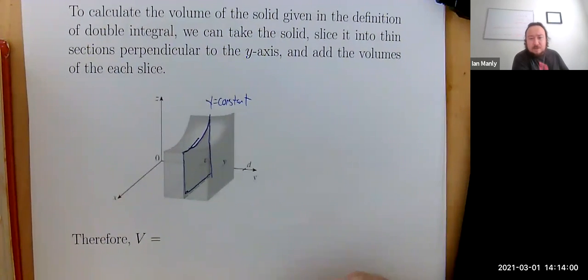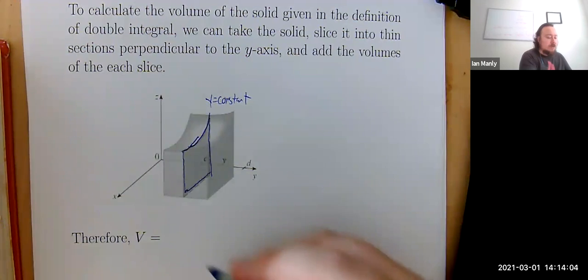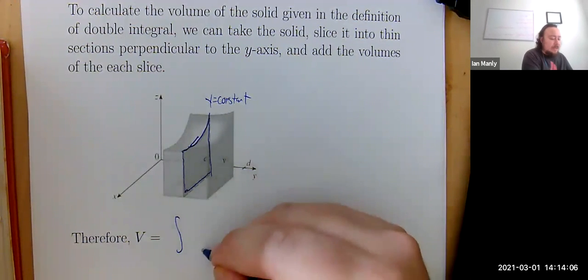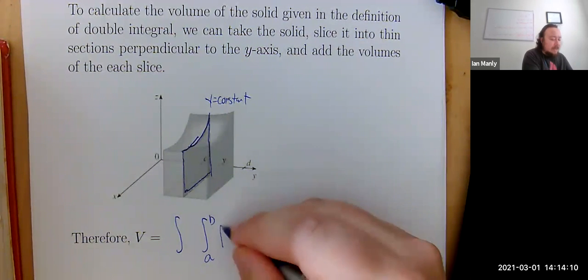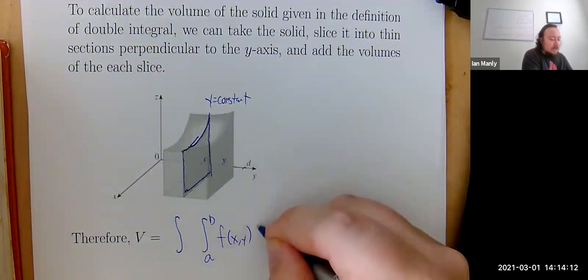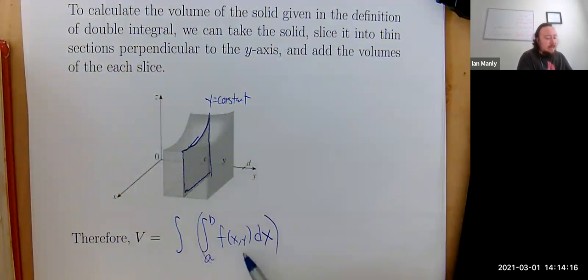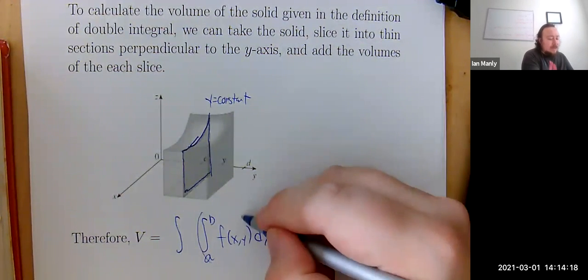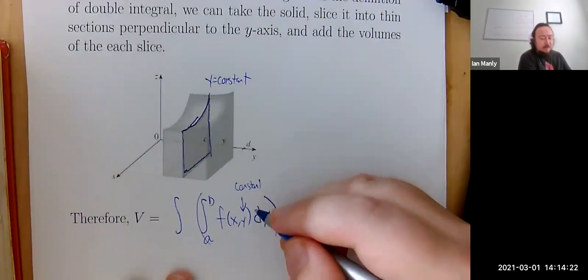So what does that look like in terms of our integral? Well, we're doing the integral from a to b of f of x, y dx. And y here is going to be constant while we're doing this integral.